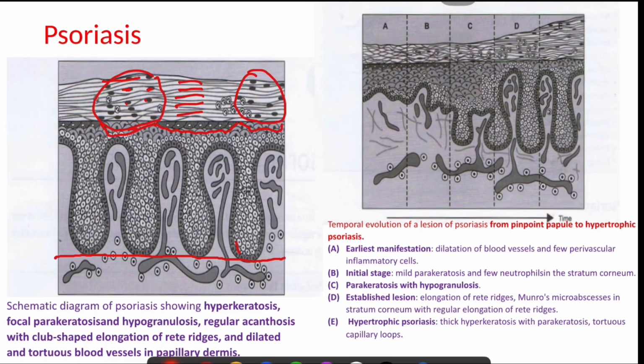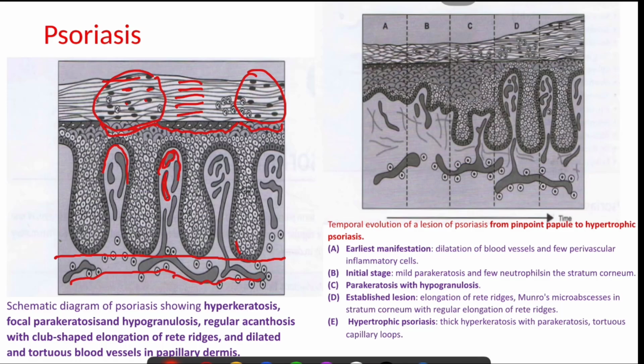You can draw a single line, then it is a psoriasis pattern. So it is called test tube like or club shaped elongation of rete ridges. Third thing is dilated and tortuous blood vessels, mostly in the papillary dermis and the superficial dermis. So these are features of psoriasis.